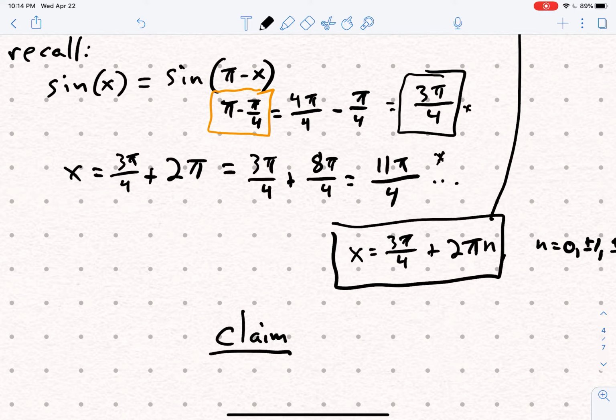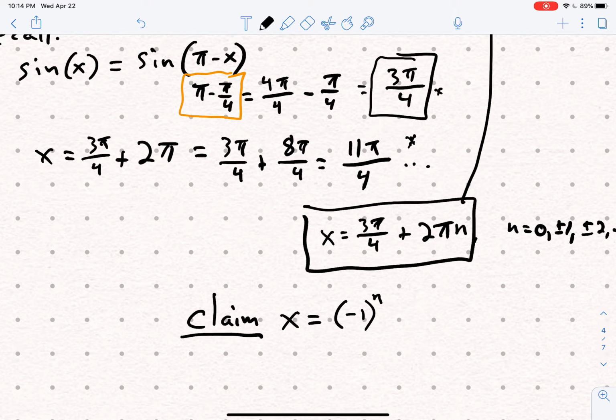Claim that the answer is x equal to minus 1 to the power n. That one's a little bit strange because there's not a minus 1 in there anywhere.